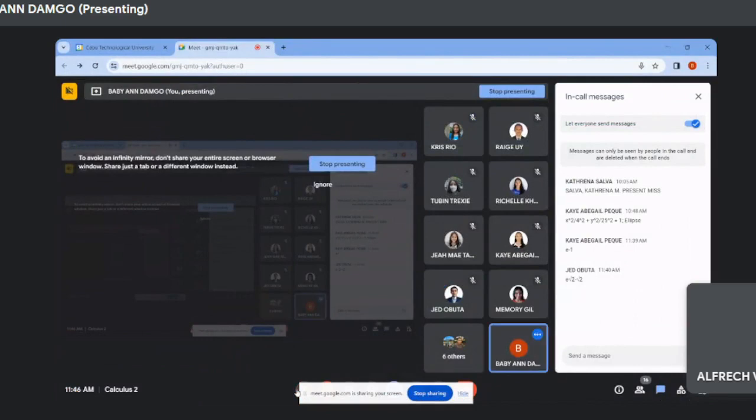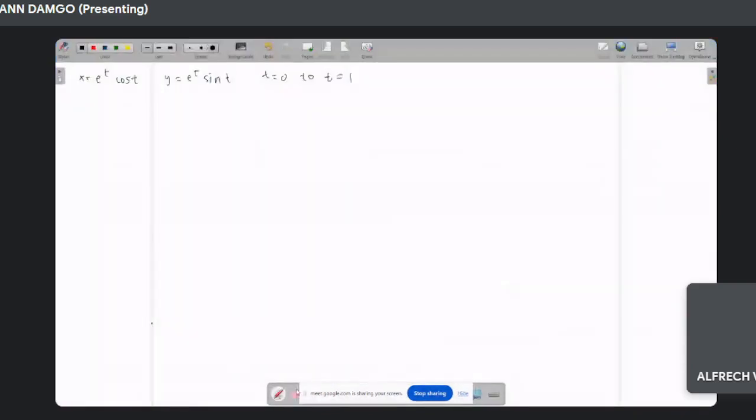Square root of 2. So, the answer of Jed is correct. For K, kay kulang siya og square root of 2. So, now, we first find the derivative. So, we have dx dt.